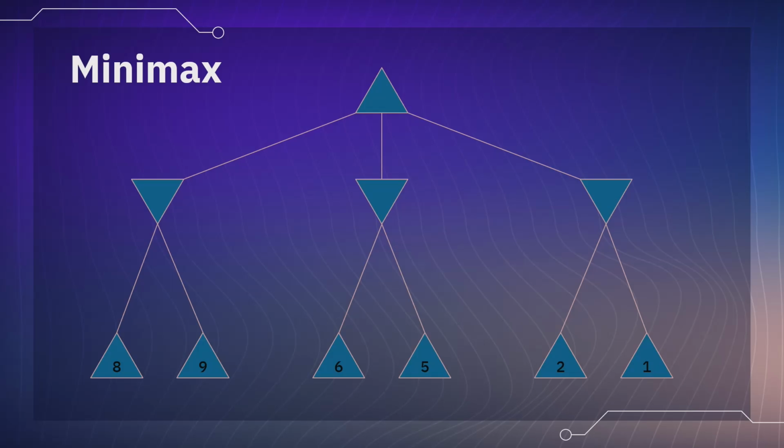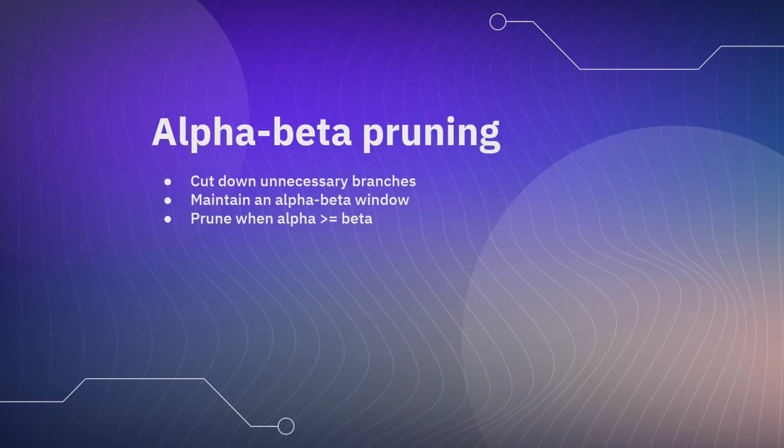So you look into the min nodes and see which node the min agent is likely to take. For example, the leftmost is 8, the central is 5, and the rightmost is 1. Because you're the max agent, you're trying to maximize, so you choose the leftmost node. That's minimax.